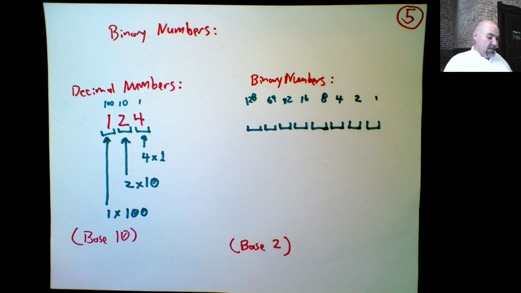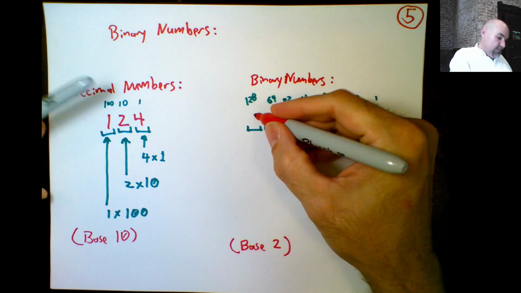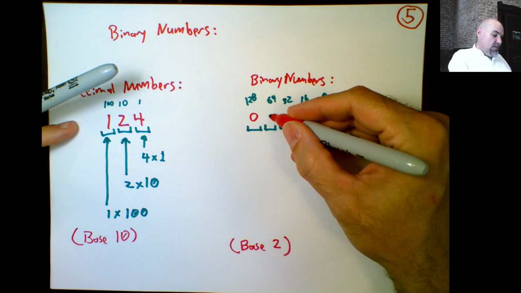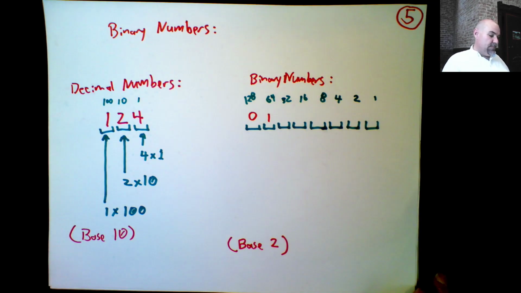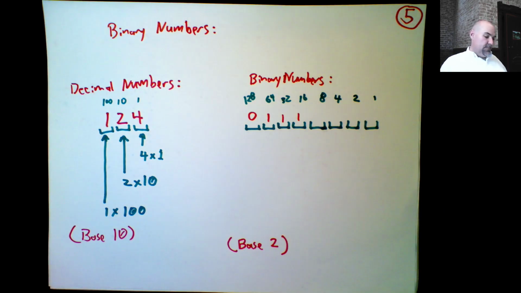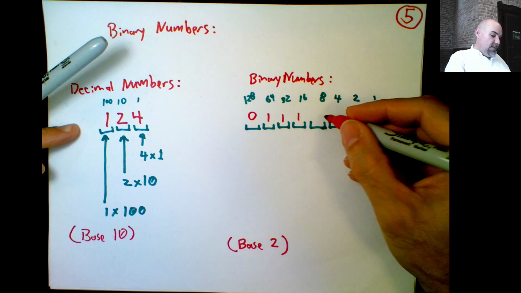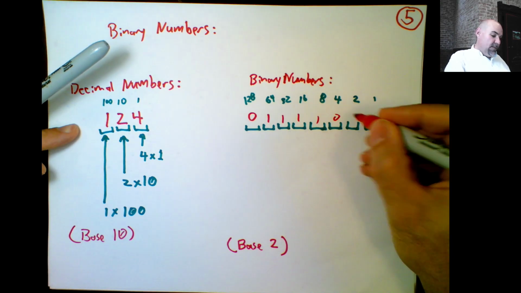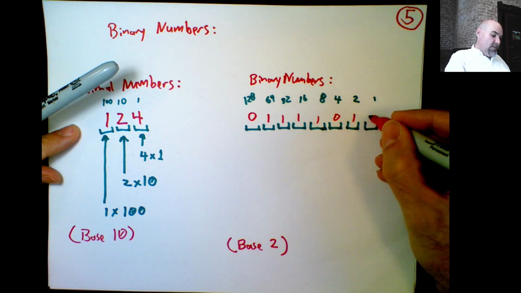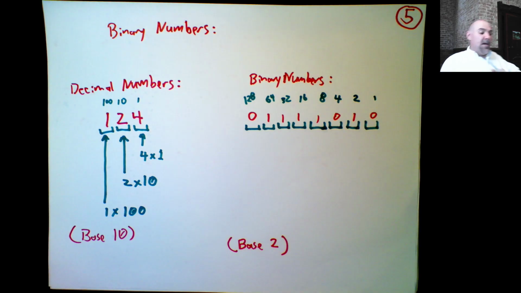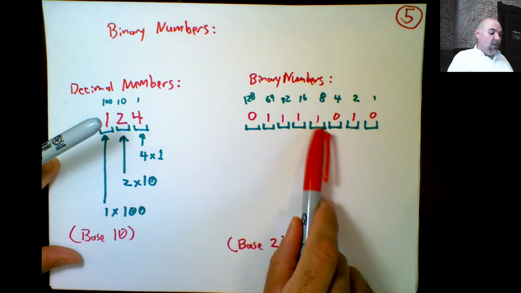So I'm going to go ahead and put 0, 1, 1, 1, 1, 0, 1, 0. All right, so that's the pattern of switches: 0, 1, 1, 1, 1, 0, 1, 0.